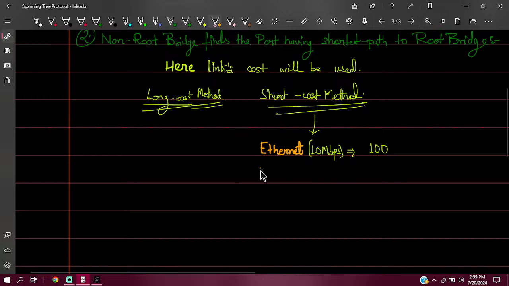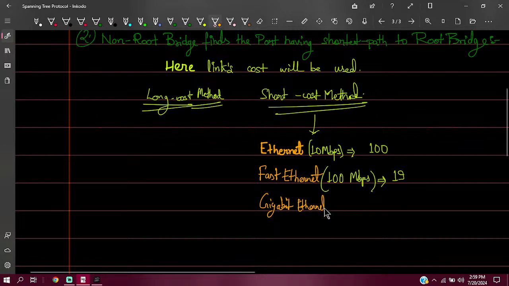Whereas if we go for the fast Ethernet links, the links having the bandwidth transmission of 100 Mbps, they have a cost value of 19. If you move ahead for more high-speed interfaces like the gigabit interface, thousand Mbps port, it will give you the cost of 4.